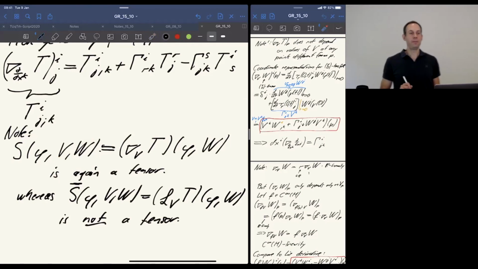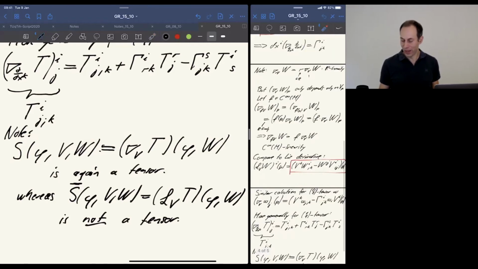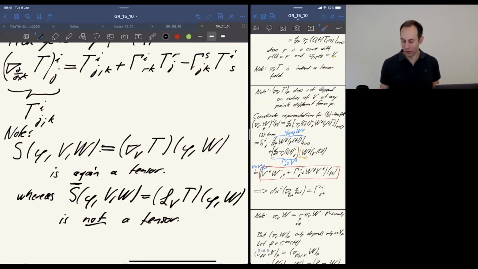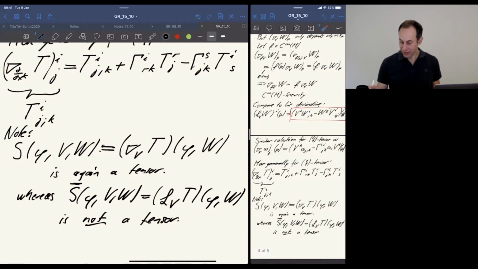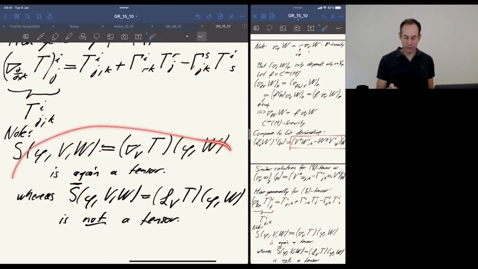So now, what do you think is the reason for that? The reason is something that we have already discussed before, and it's probably the reason why I emphasized this point so much. I told you right before that the covariant derivative is C infinity linear in this first argument, in this V, and that this is not the case for the Lie derivative. Indeed, that's the reason for these two statements.